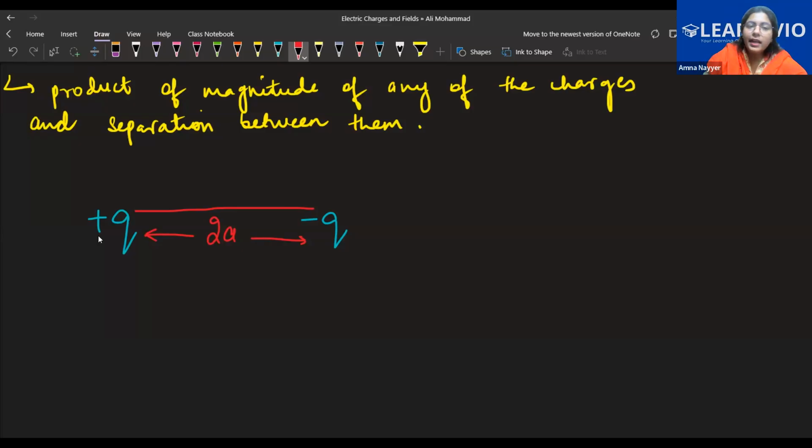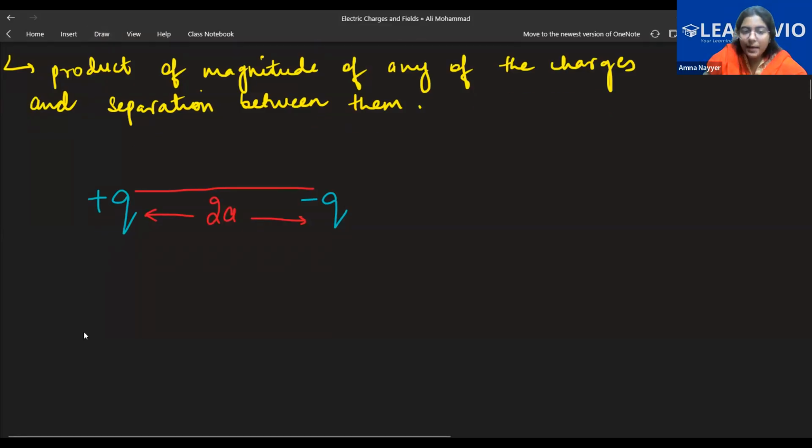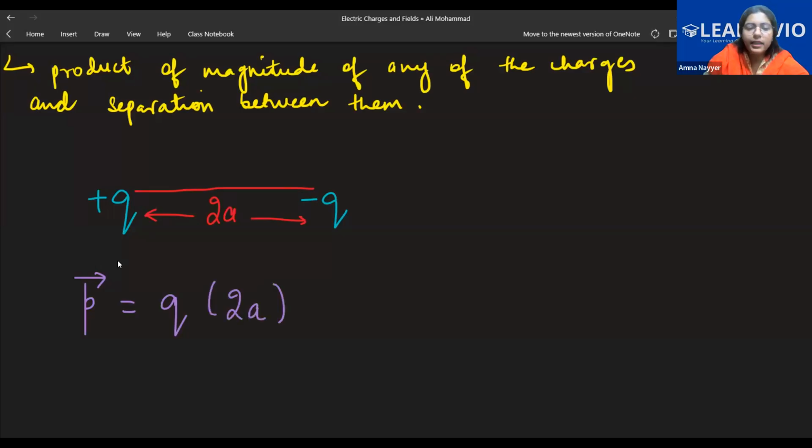When you are calculating, the dipole moment is represented by P with a vector, because it's a vector quantity. How do you calculate it? See, the magnitude is the same, so you take any one of the charges, I'll take Q. You take the magnitude of one, don't write it double, and multiply it by 2a. This is the whole formula of the dipole.